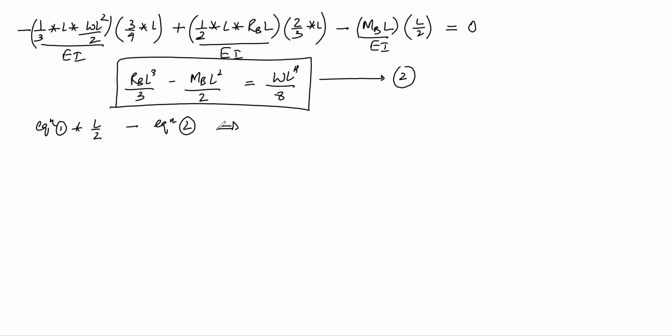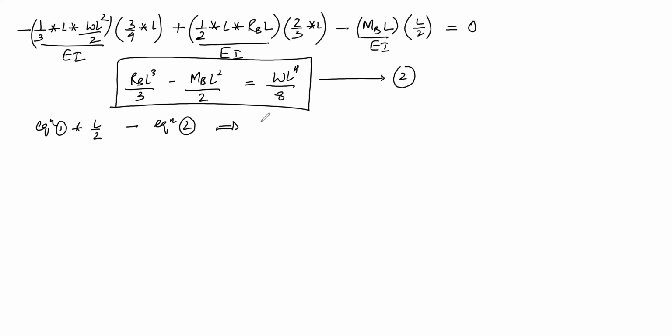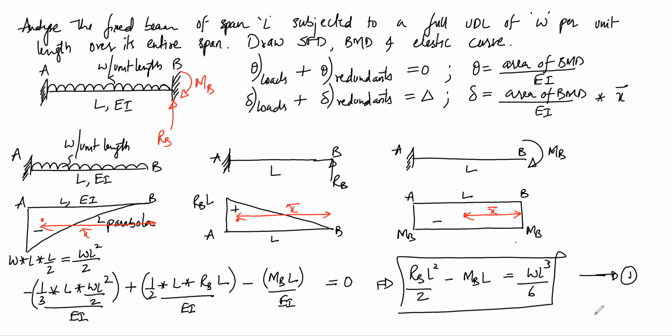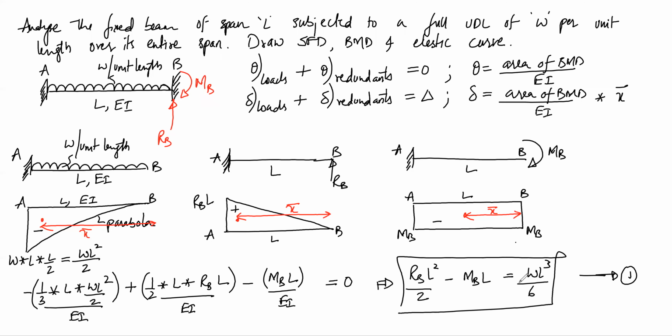So this will give us, equation 1 into L by 2 will give us RB into L cube by 4 minus MB L square by 2 is equal to WL power 4 divided by 12.